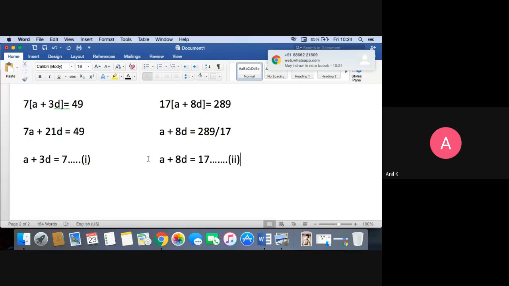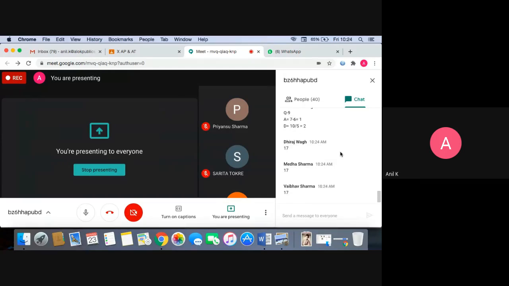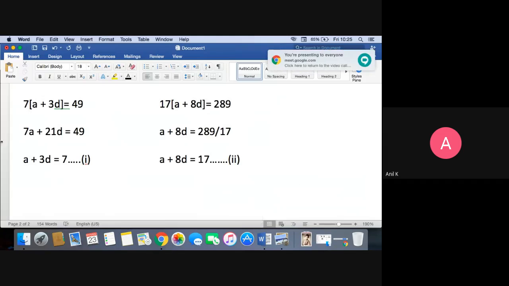Now can you solve and tell me what is A value and what is D value? You take 2 minutes time. Solve it and I will check it out. What are A and D values? 17. Okay. Now find out A and D values. Solve equation 1 and 2 and let me know what are A and D values.